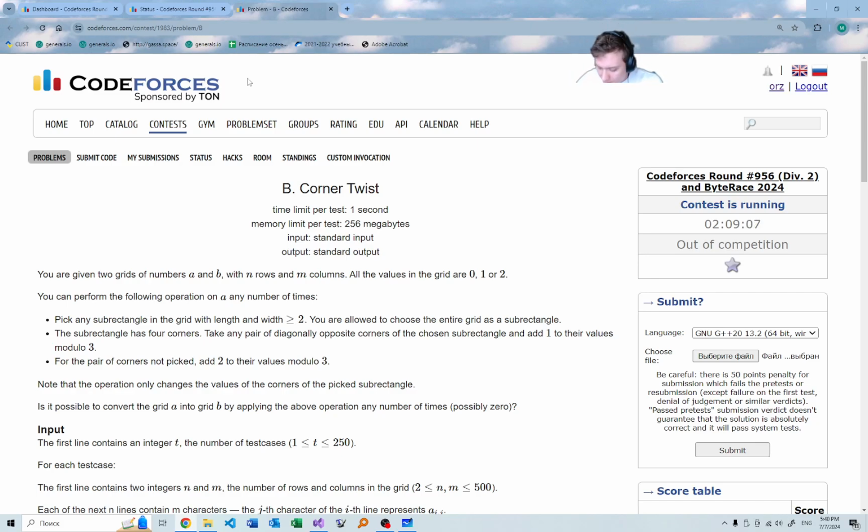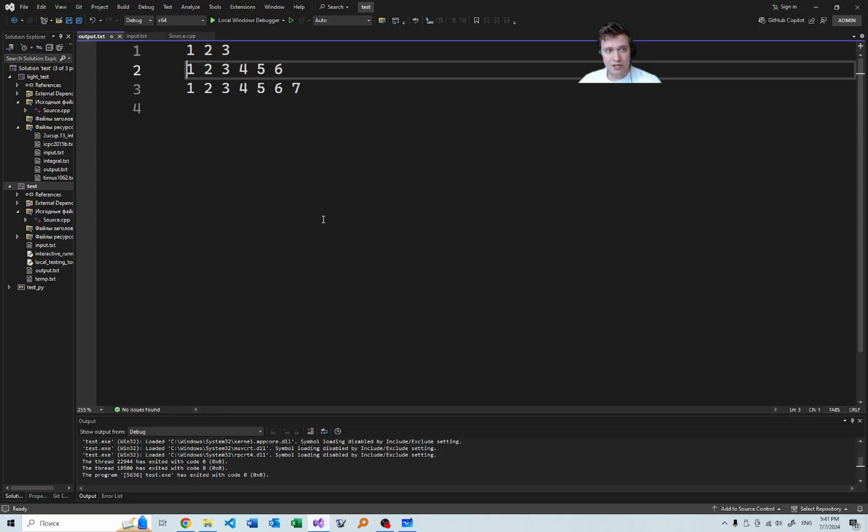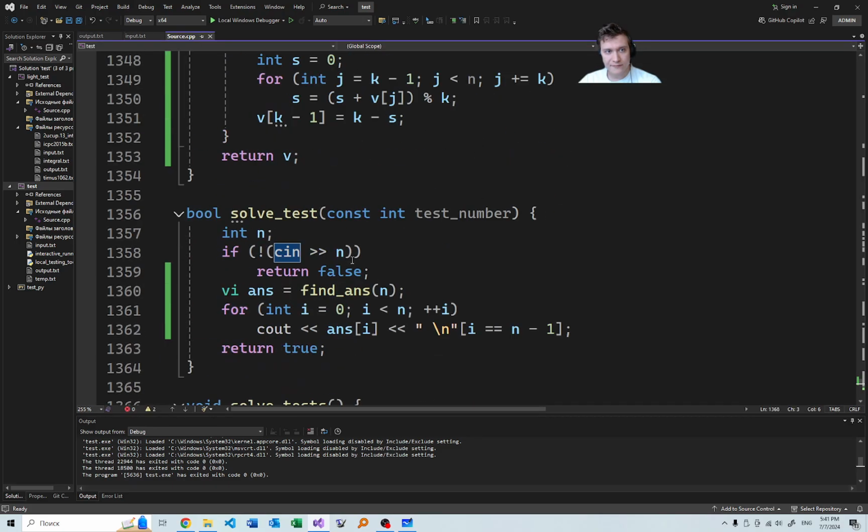So yeah, basically we just need to check all sums in all rows and all columns.